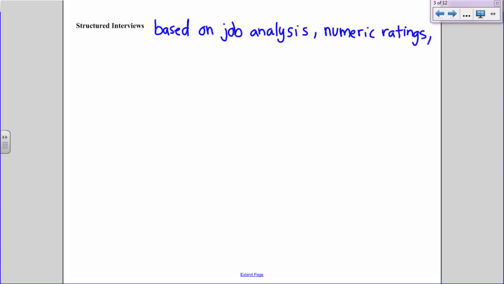And you are asking everyone the same things. So structured interviews are based on the job analysis, numeric ratings, and asking all applicants the same questions, not just having a casual conversation.